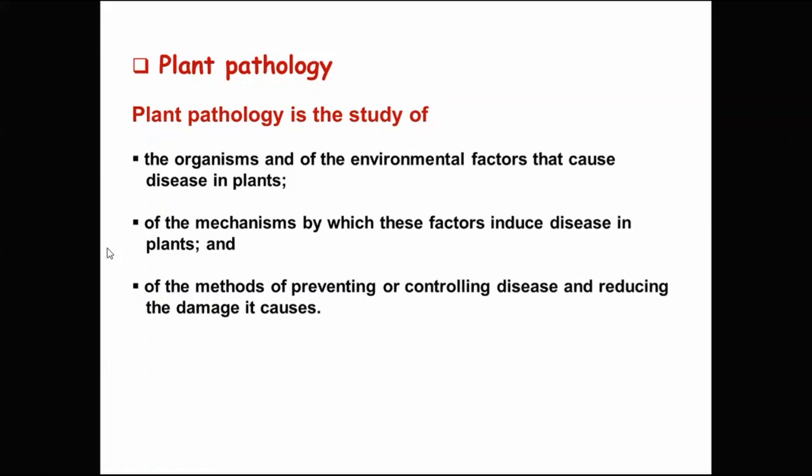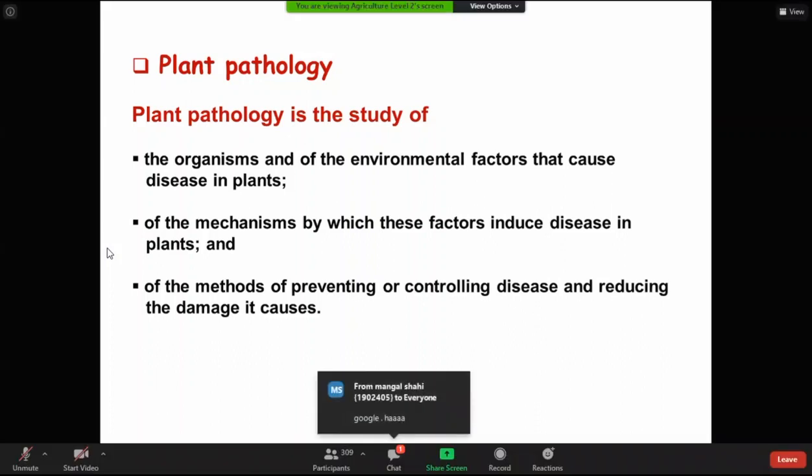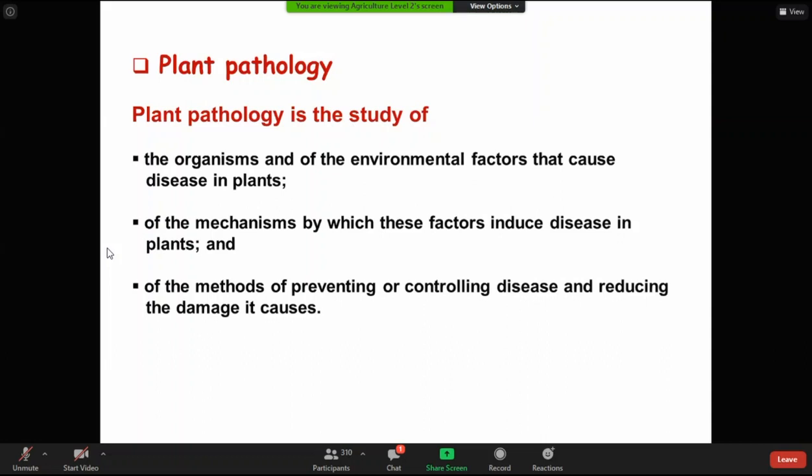One is the organisms and environmental factors that cause disease. Second is the mechanism by which these factors induce disease. And the third is the methods or approaches of preventing or controlling the disease, aimed at reducing the damage caused by plant disease. Okay?